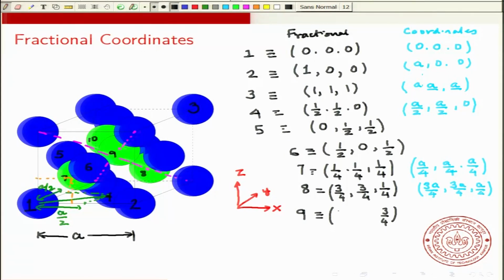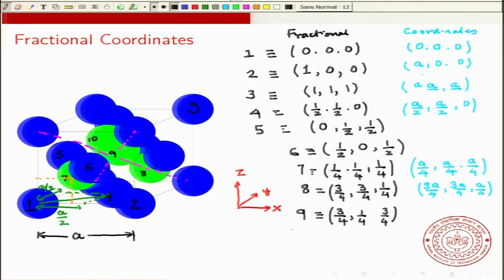Its x coordinate is also 3 by 4, but its y coordinate is 1 by 4. You can see that this is close to the front face, close to the xz plane. It is only 1/4 of a distance from the xz plane, so its y coordinate is 1/4, but it is 3/4 the lattice parameter distance from the xy plane and from the yz plane.